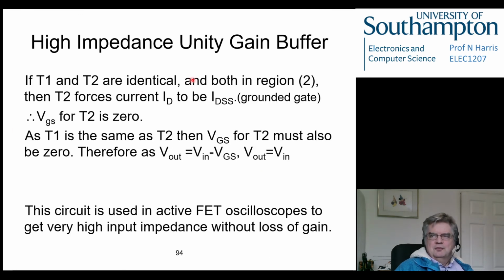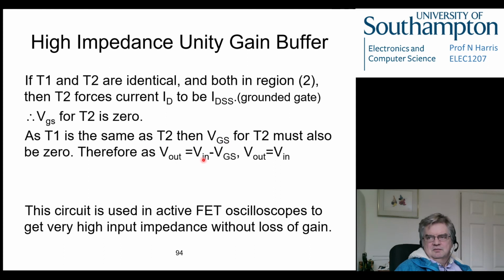Okay, so in words, if T1 and T2 are identical and both are in region 2, then T2 forces the current ID to be IDSS with a grounded gate, and therefore VGS for T2 is 0 as well. As T1 is the same as T2, they're both identical transistors, then both VGS's must be the same and 0.